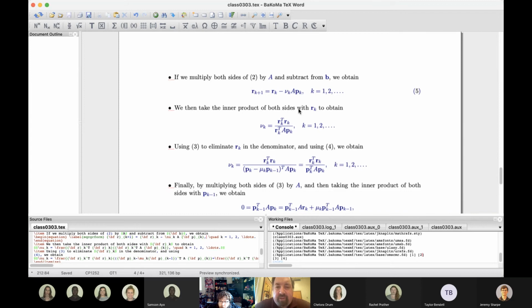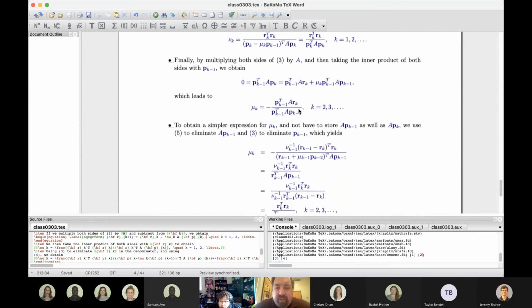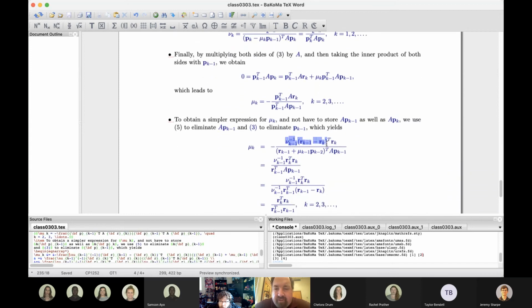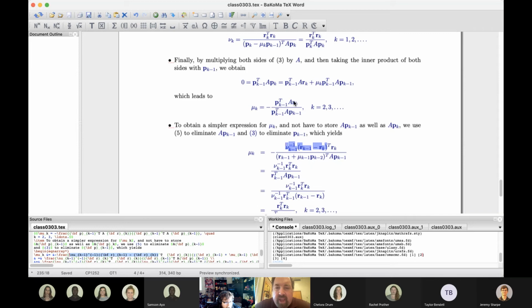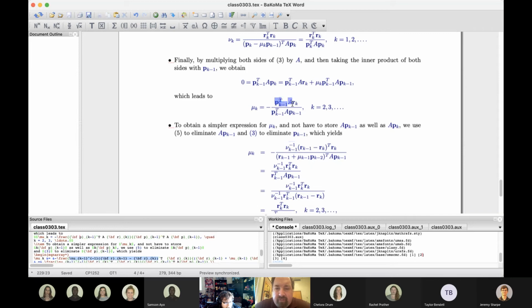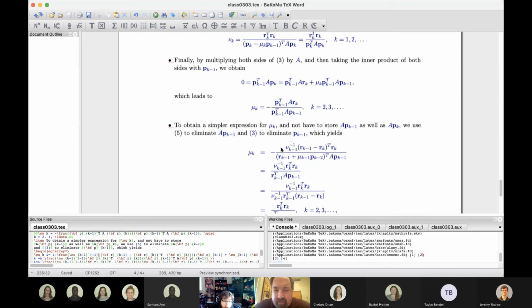So then what that lets me do is fill this in here. This comes about from solving this equation, index shifted. In other words, I subtract 1 from all the indices, so I have A p_{k-1}. So I use this equation to eliminate A p_{k-1} from here. So now I have a difference of residuals.